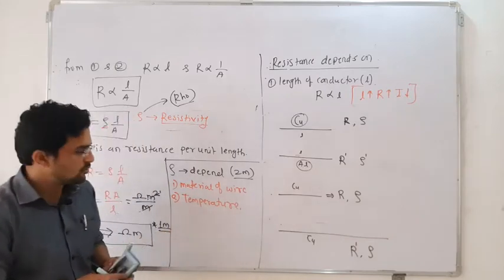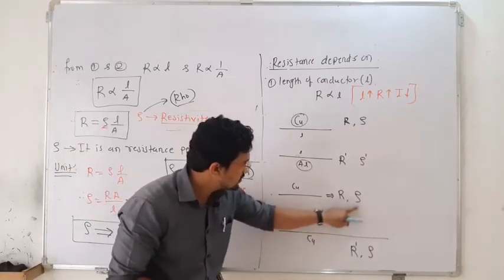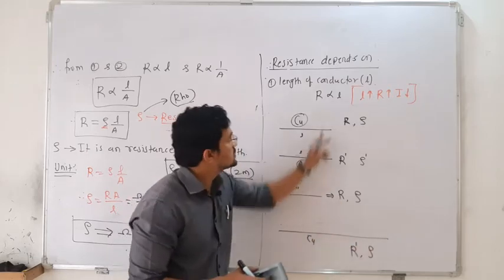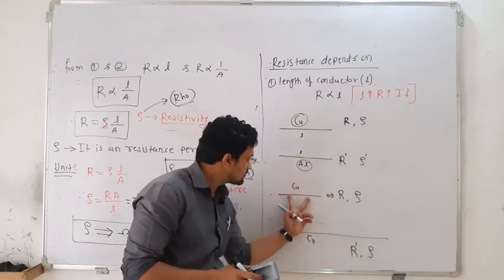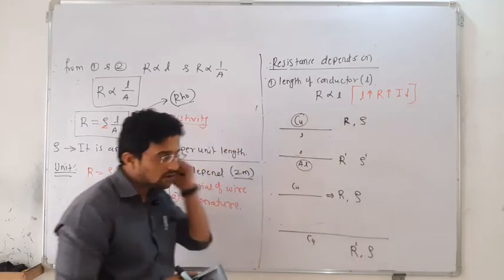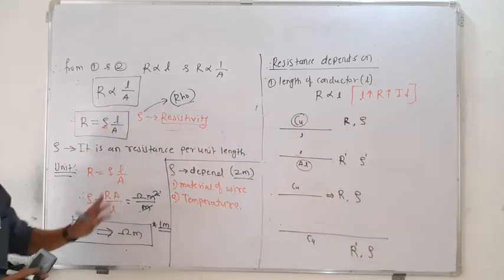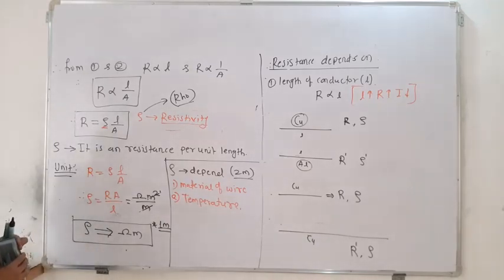Resistivity you will get the same, because it only depends on the material. Material is same, hence resistivity is same, but resistance changes because resistance depends on the length. Length increases, resistance also increases. So for this wire resistance is R and for this longer wire resistance is R dash. So remember this is all about resistivity.